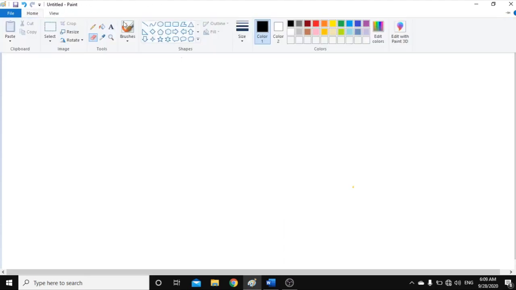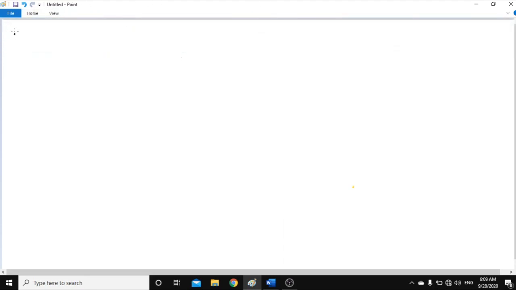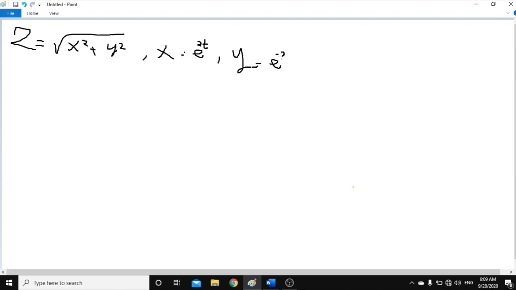Example number 1 says z is equal to the square root of x squared plus y squared. And he told you that x is equal to e to the 2t. And also said that y is equal to e to the minus 2t. And the question wants you to find dz over dt.